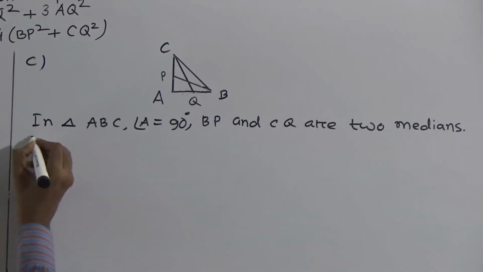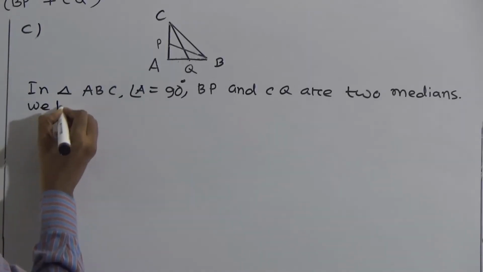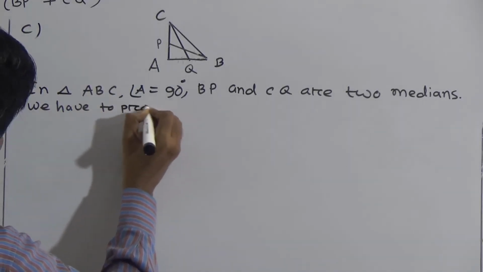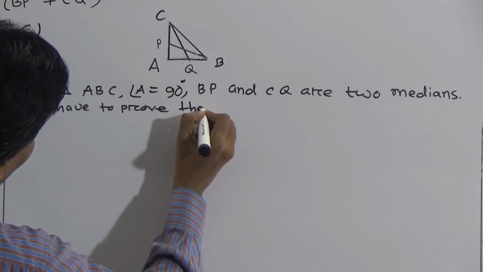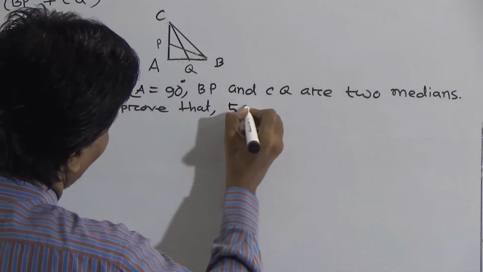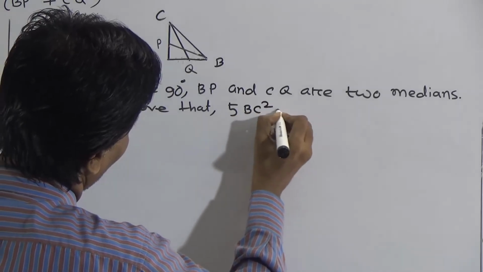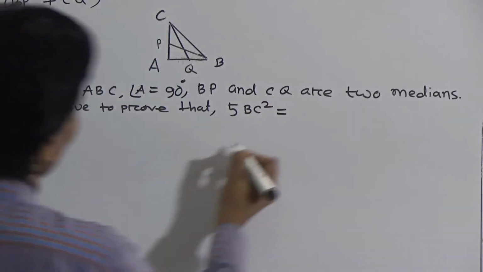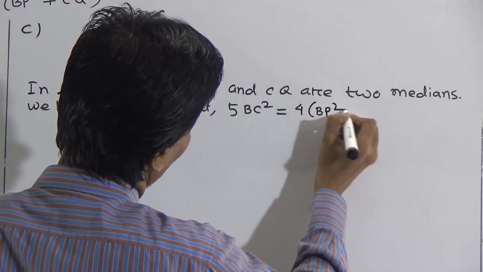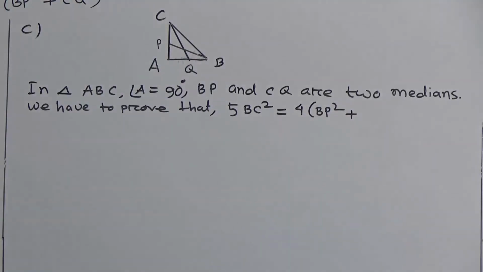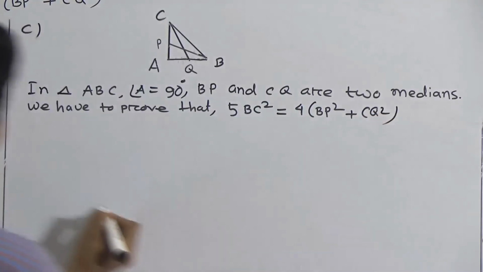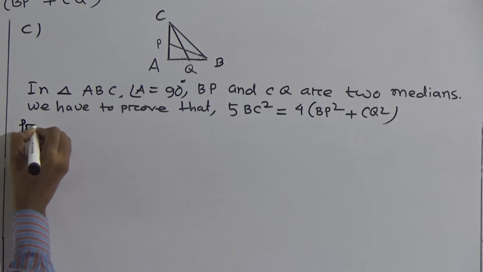You have to prove that 5 BC square equal to 4 BP square plus CQ square. Okay, right here proof.